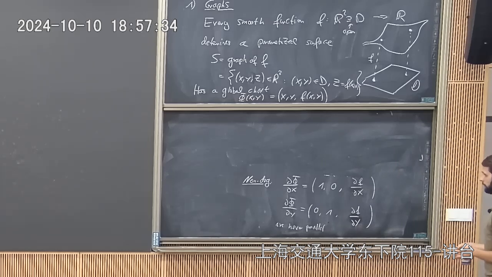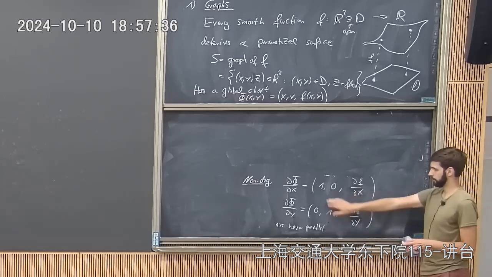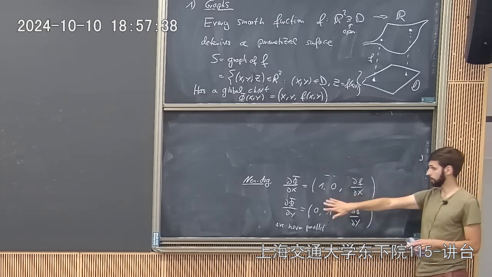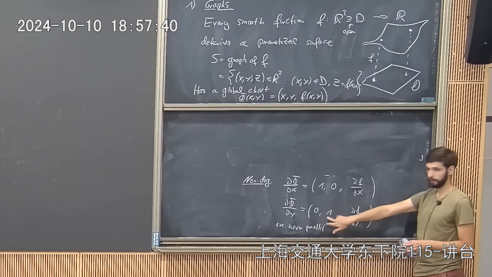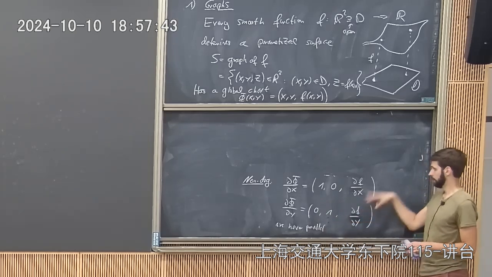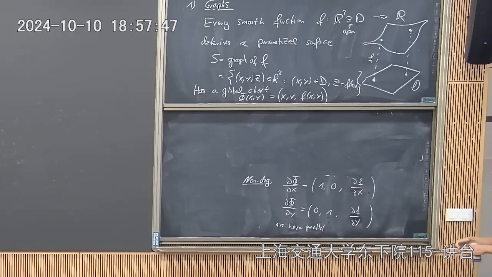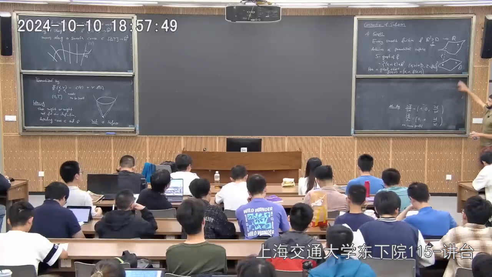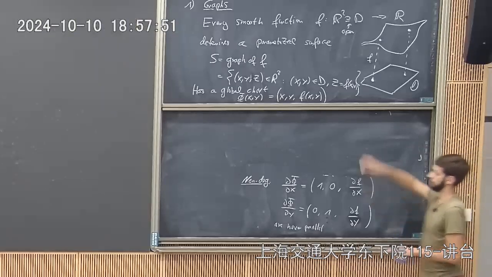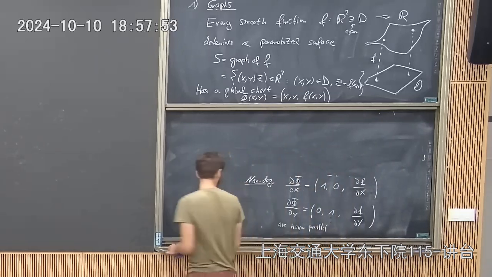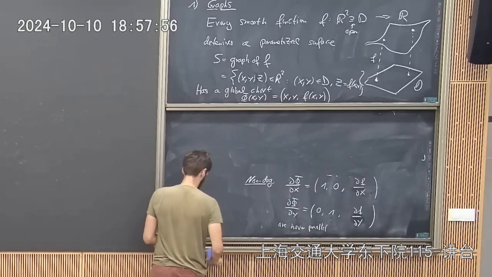But they are never parallel because, again, the same argument as before: this one has a 1 here and this one has a 1 here, so they are never parallel, regardless of what the gradient is. So the same argument as before shows you that this one is indeed a parameterization or a chart.